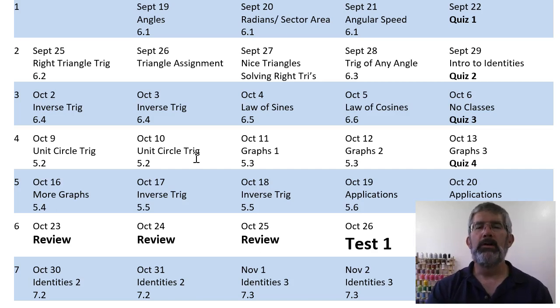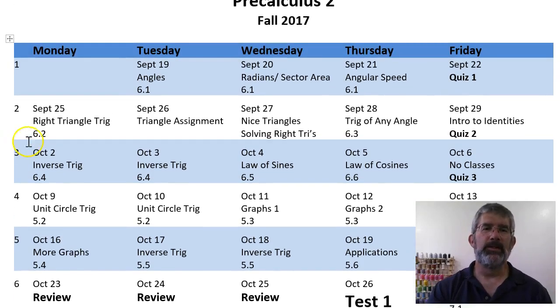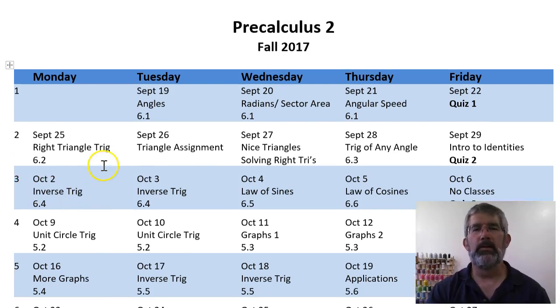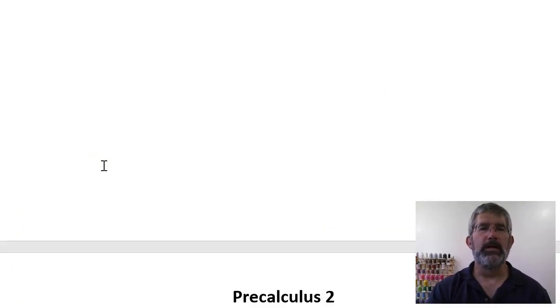The weeks start Monday morning at 12:01 and they end Sunday night at 11:59. So quizzes are due at 11:59 p.m. on the Sunday. Quiz 1 will be due September 24th at 11:59. Quiz 2 is due October 1st at 11:59. They're always due on that Sunday night.